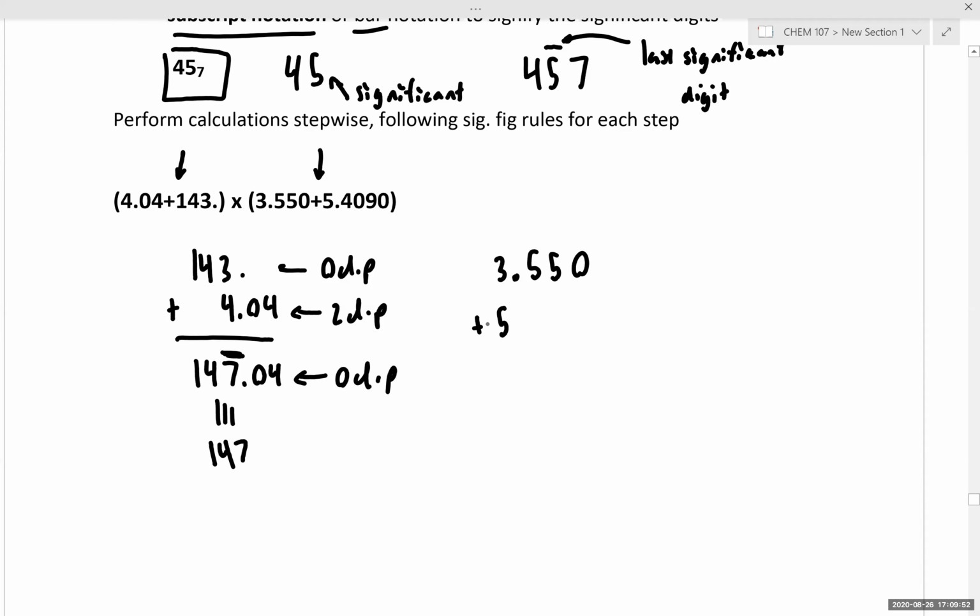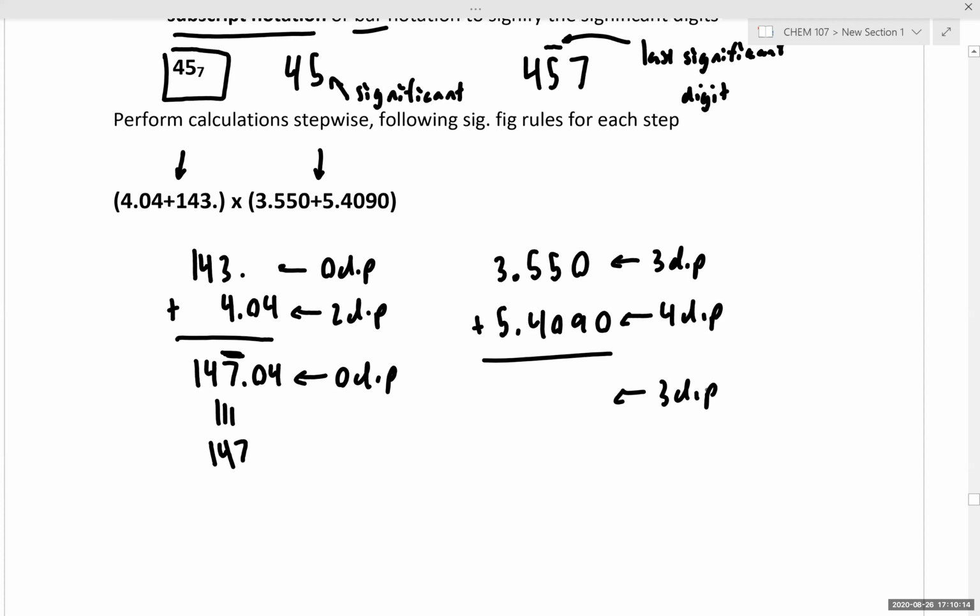So we have 3.550 plus 5.4090. Since we're dealing with an addition operation, we care about decimal places. Our top number has 3 decimal places. Our bottom number has 4. So our final answer should have 3 decimal places.